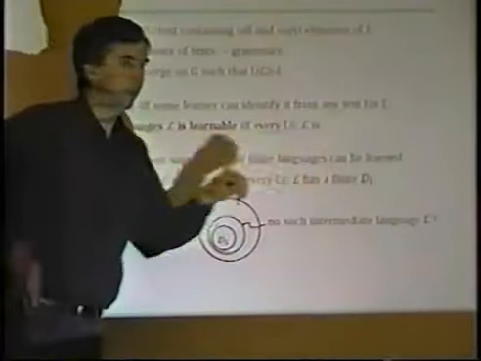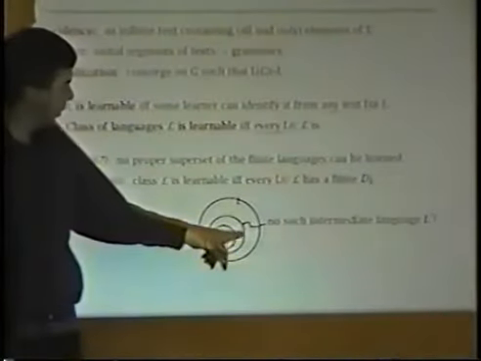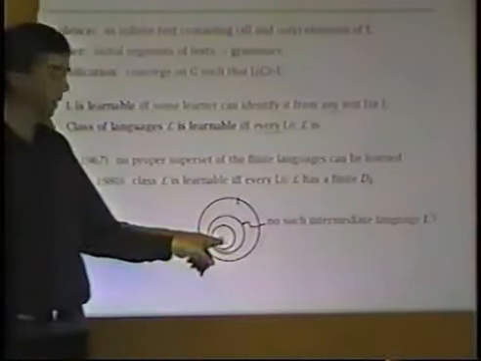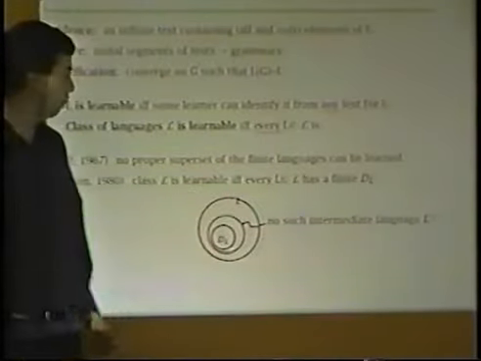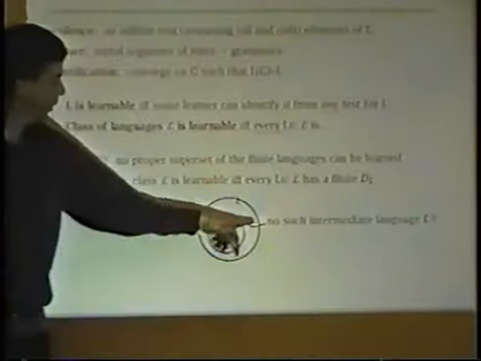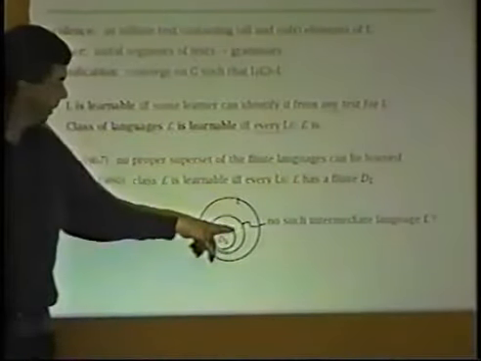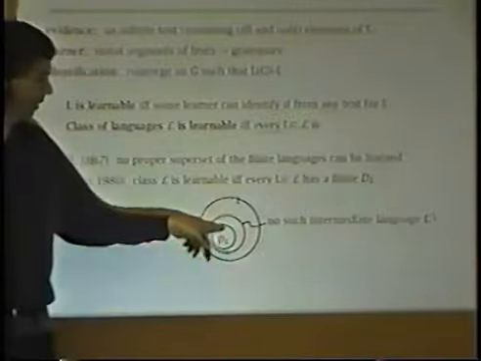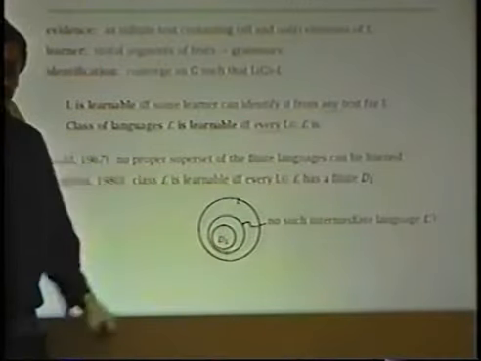Every language has to have a finite subset such that there's no other language in the class that includes that subset but is properly included in the target language. So for every language L, there's a finite subset such that no other language in the class that includes that finite subset is a proper subset of L. It turns out this is a perfect characterization of the learnable classes.